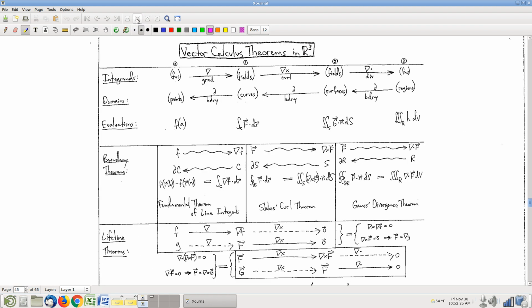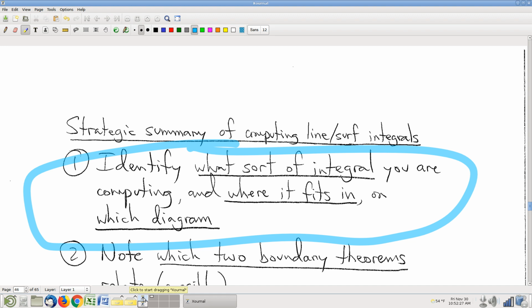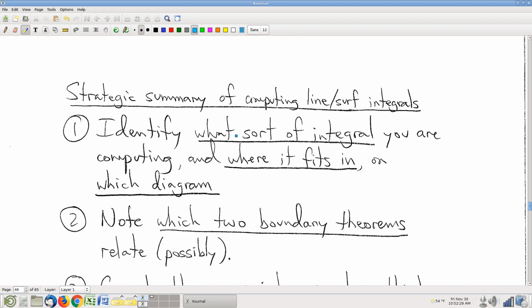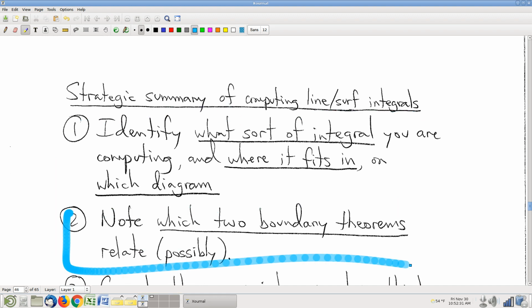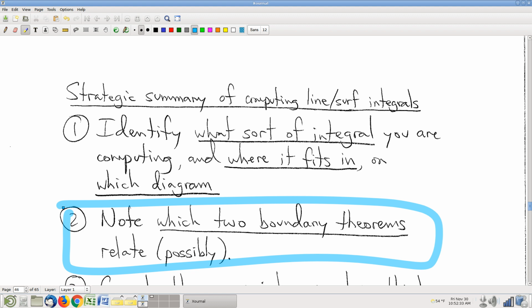Okay. Right. So step one, where are you? Step two, notice there are two candidate boundary theorems that you can deduce just from having previously noted what kind of integral you're interested in.